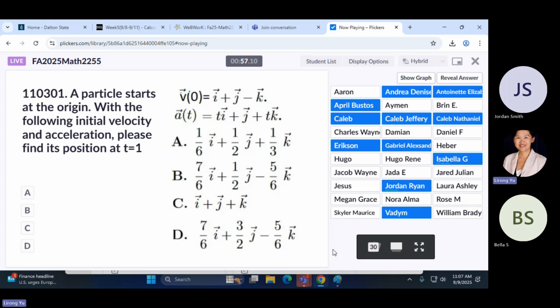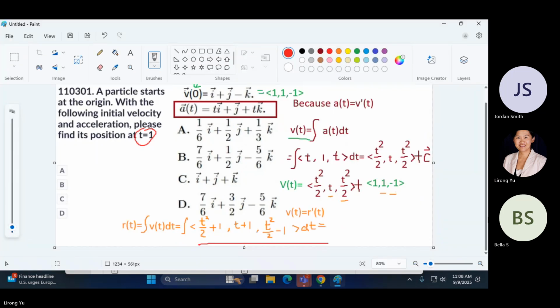And then of course there are little details. I try to avoid making calculation mistakes, but we want to double check. If I have any typo, you can also let me know.